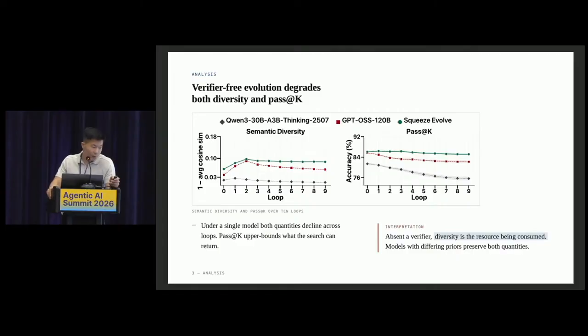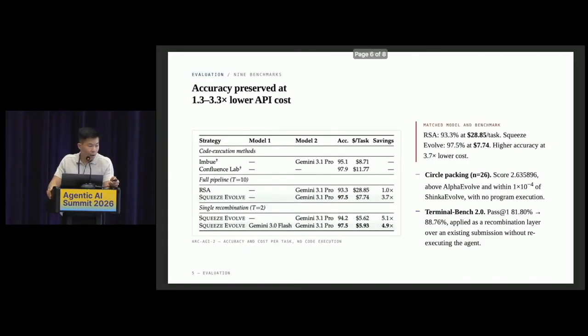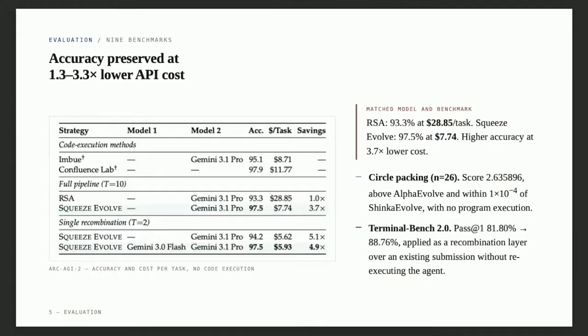So the result here shows that for the full pipeline with 10 evolution steps with Gemini 3.1 Pro, the accuracy on ARC-AGI is 97.5. This is with 10 steps, and the cost is around $7 per task.